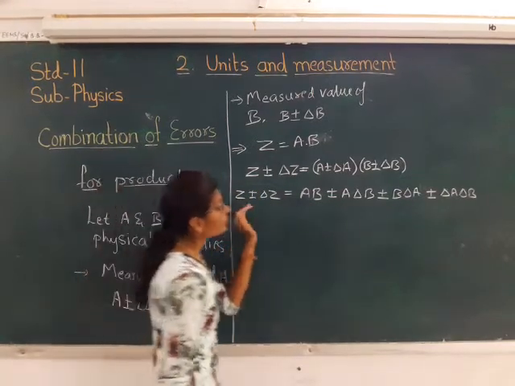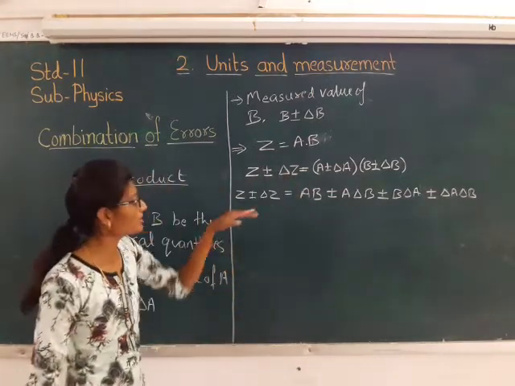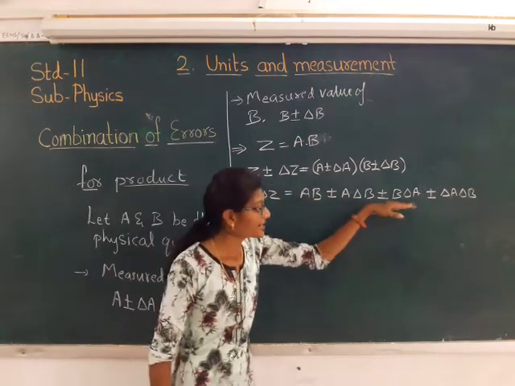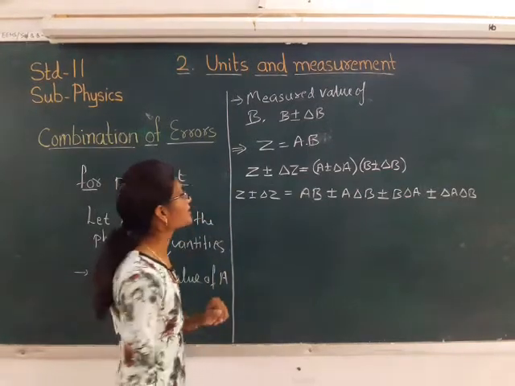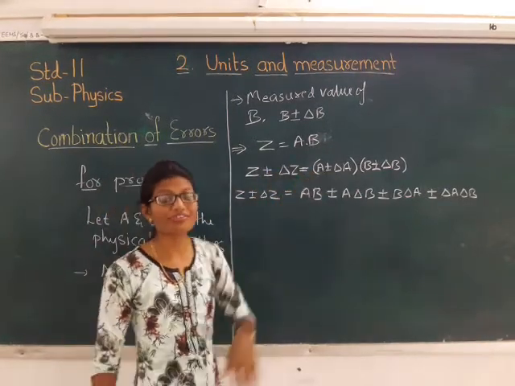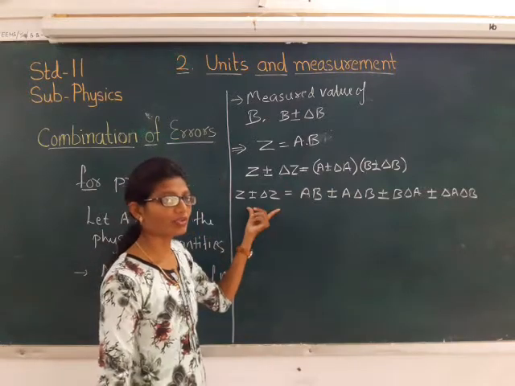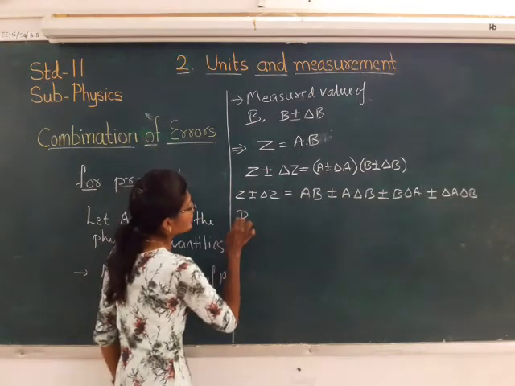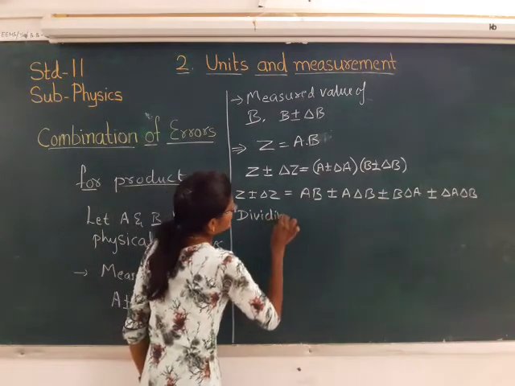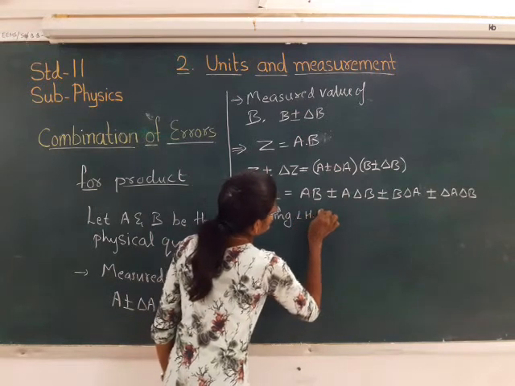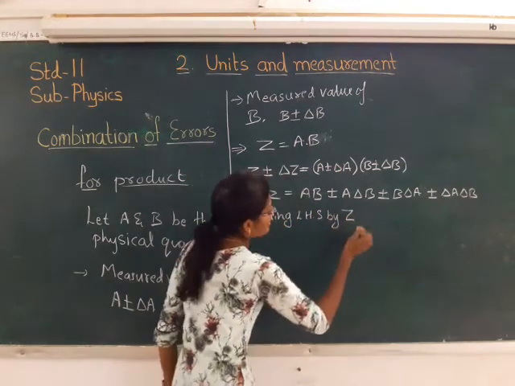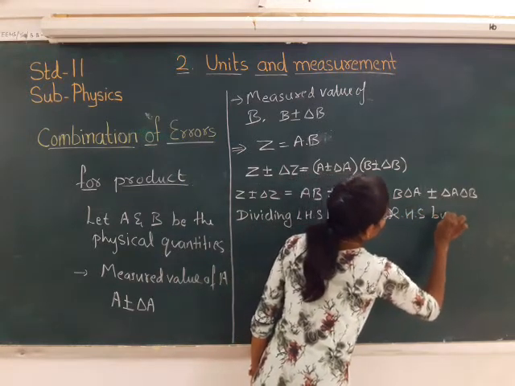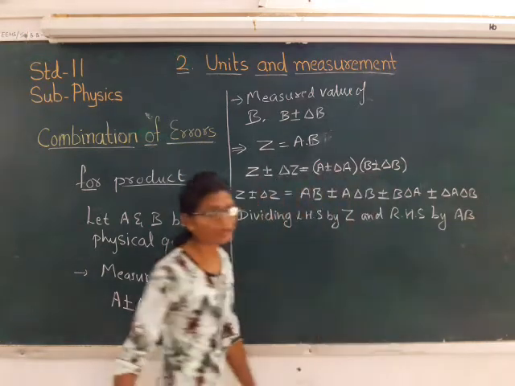Now see, both these sides we need to divide. The left hand side should be divided by Z and the right hand side should be divided by AB, because Z is equal to AB, so it will be the same thing, right? So dividing LHS by Z and RHS by AB.